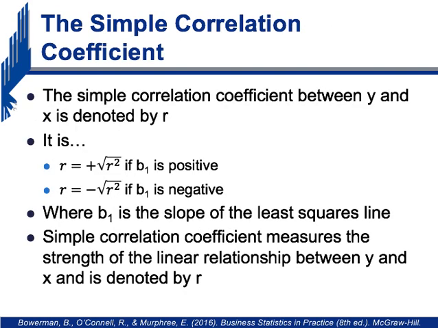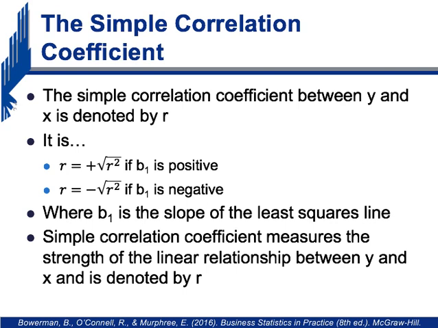Now, once we have the simple coefficient of determination, we can also compute for another measure called the simple correlation coefficient, and this is denoted by small letter r. Now, this is equivalent to the Pearson's correlation coefficient that was discussed earlier, where the interpretation is based on the sign, and the sign of r depends on the value of the slope.